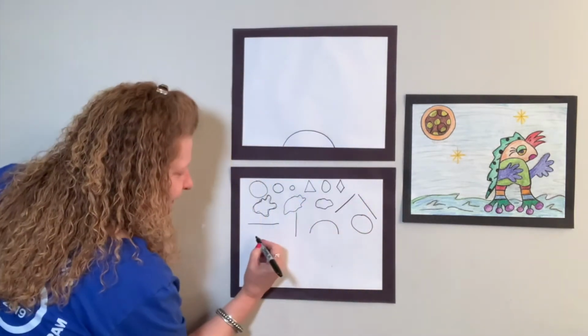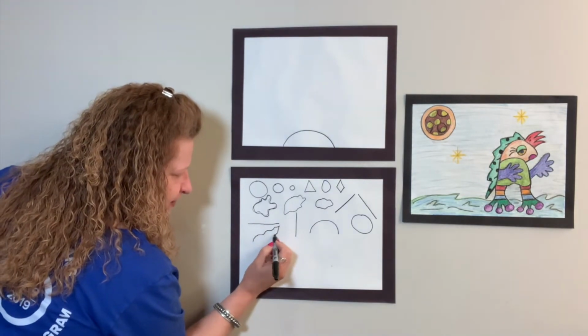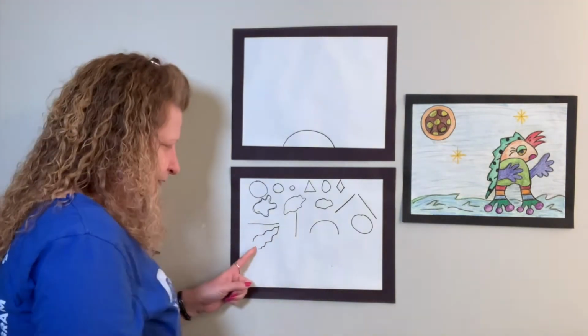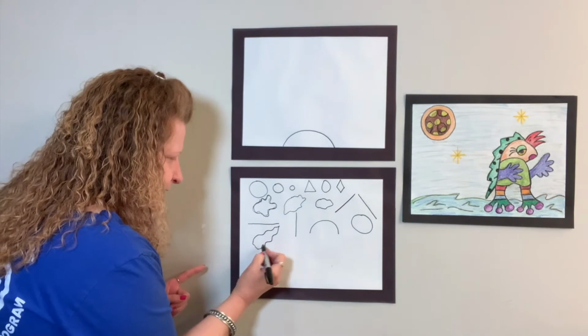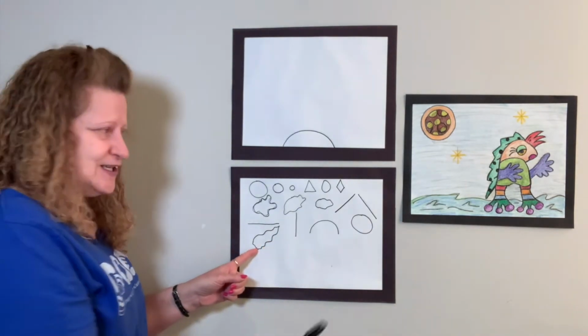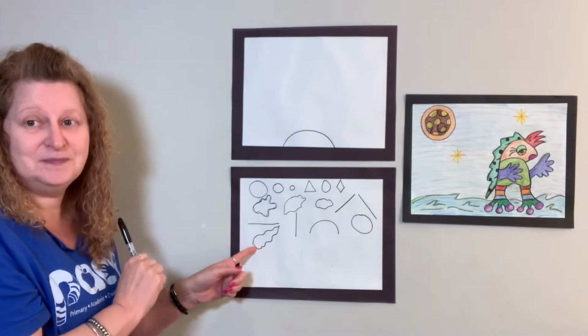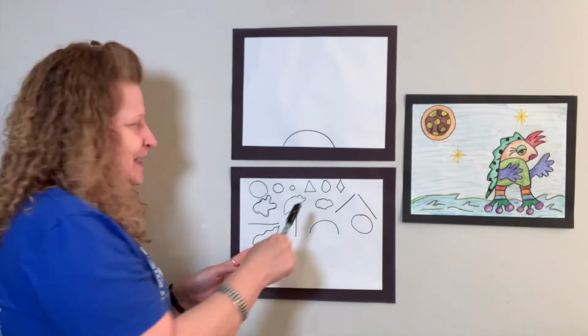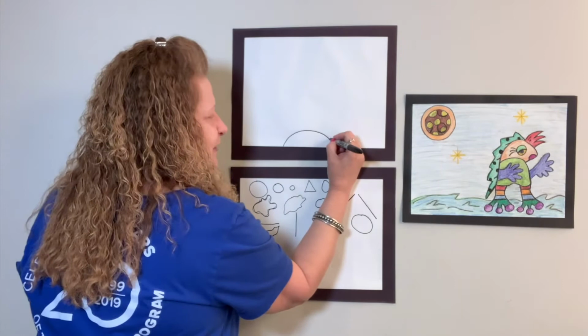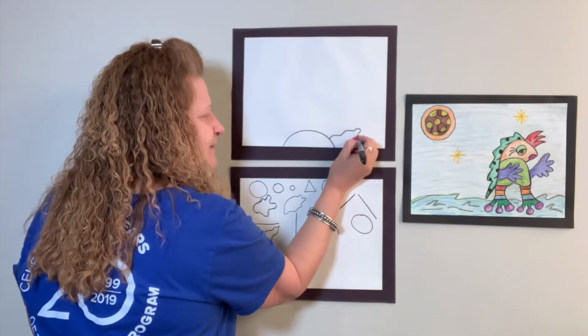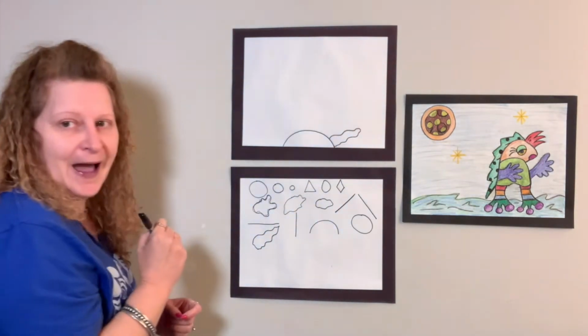And so I think for this one, I might want to use my wavy line. Okay, now let's look at something. Does this look like my geometric shape or more like my organic shape? More like my organic shape. So I'm going to go ahead and I'm going to draw my wavy line and back.